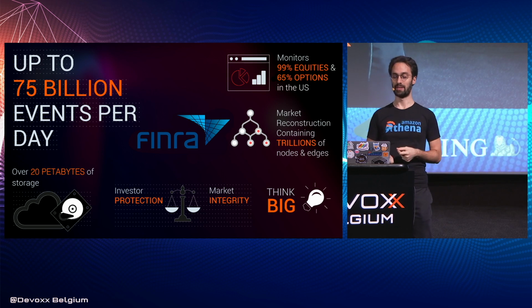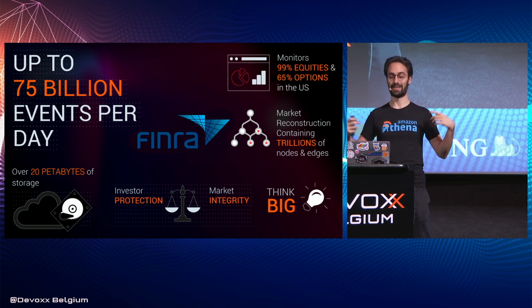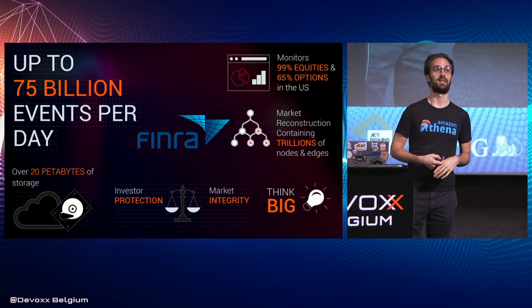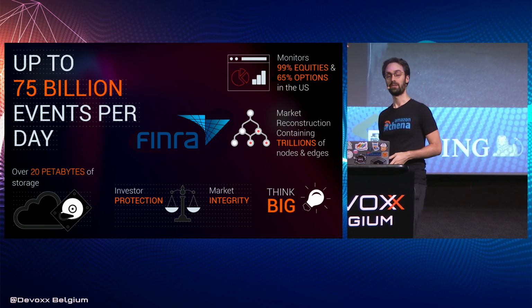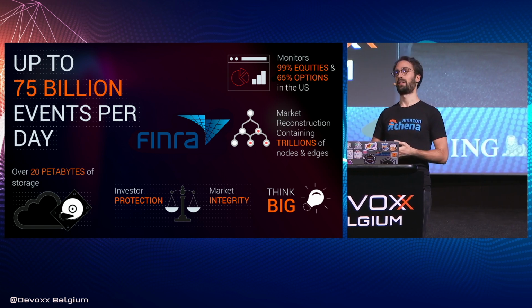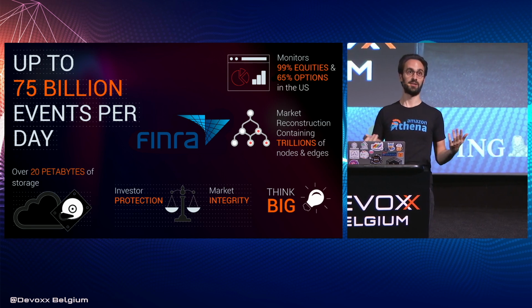There are customers like FINRA, for example, that's now managing like 99% of equities in the United States. They are ingesting more than 20 petabytes of data in their data warehouse. And it's not a startup, it's not a consumer product, it's a financial institution.